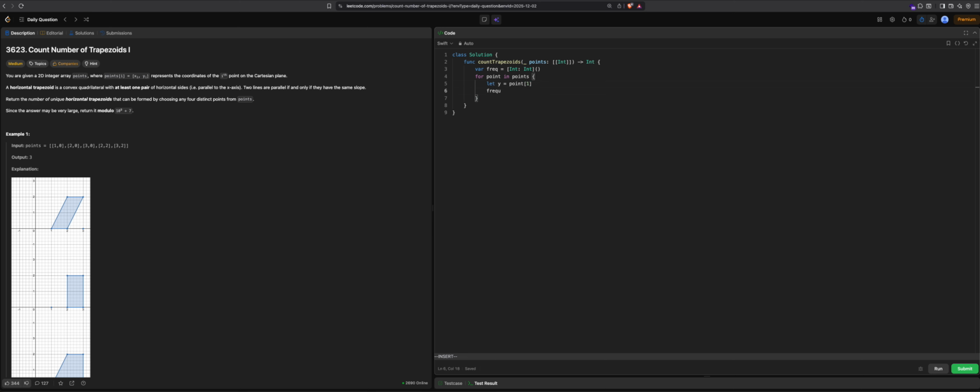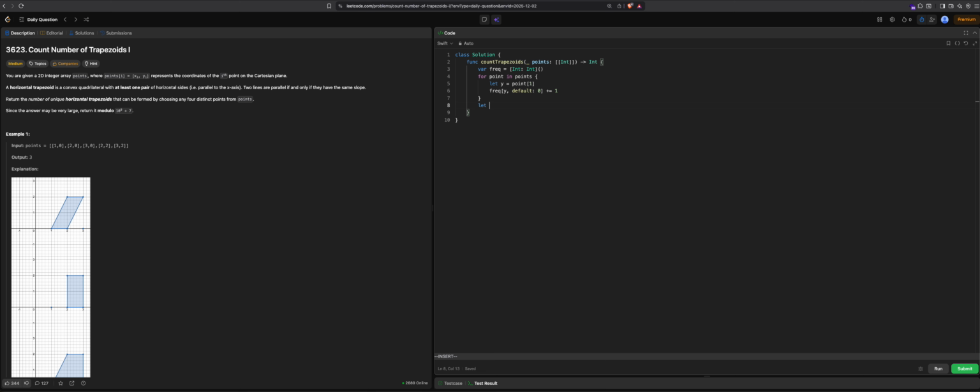I'm going to update the frequency dictionary, y plus equals 1, just incrementing y every time we see it, but we need to consider the default situation, which is 0.